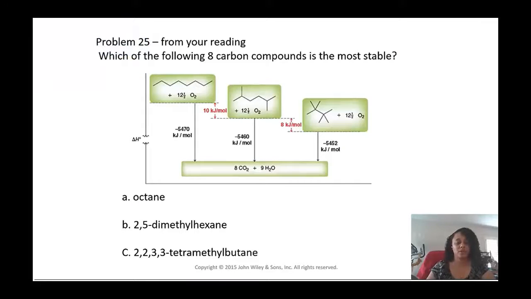Here are some questions to wrap up our video. From your reading, which of these 8 carbon structures would be most stable? A hint is the more substituted a molecule is, the lower in energy it's going to be in terms of heat of combustion. So the more substituted it is, the more stable that molecule is going to be. The less substituted, the more unstable.